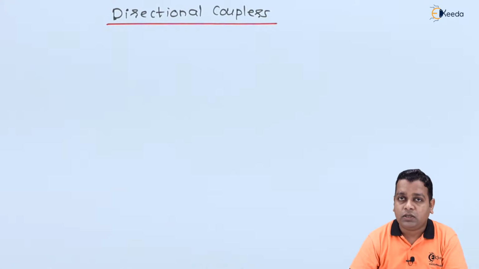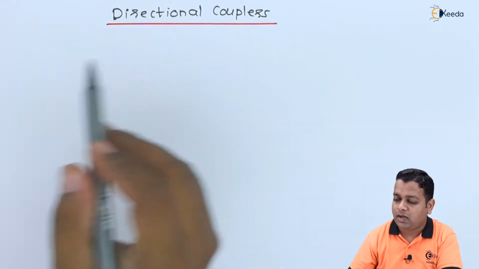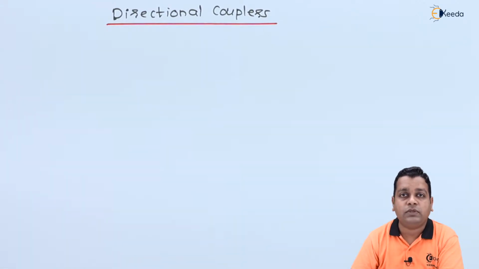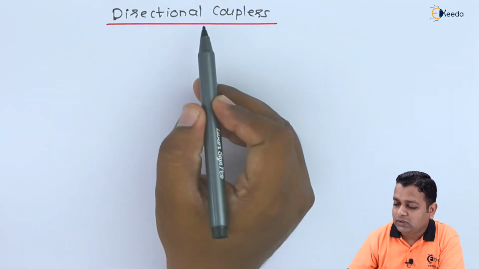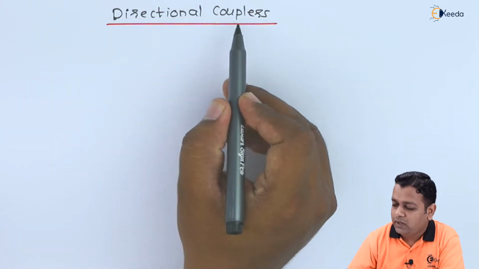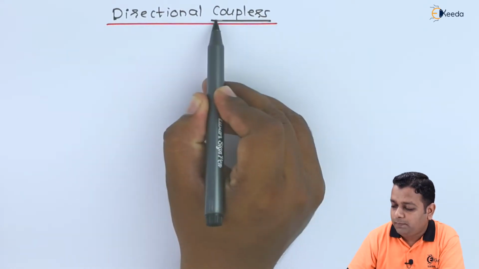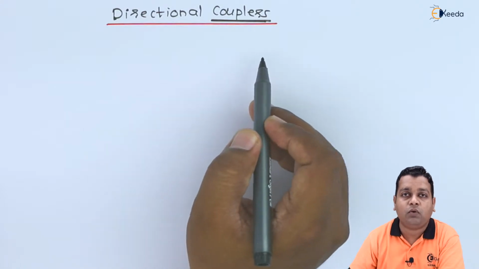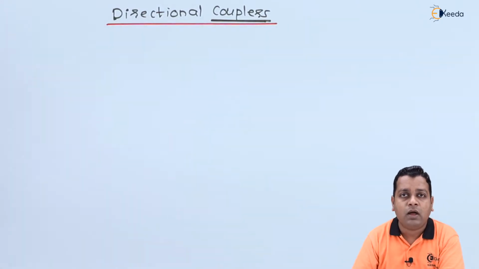So here we begin with our topic called directional couplers. As the name of this particular component has two terms, these two terms give us quite good information about what exactly the device is. Coming to the second term, it is a directional coupler. A coupler is meant for coupling of energies, or coupling of power signal.